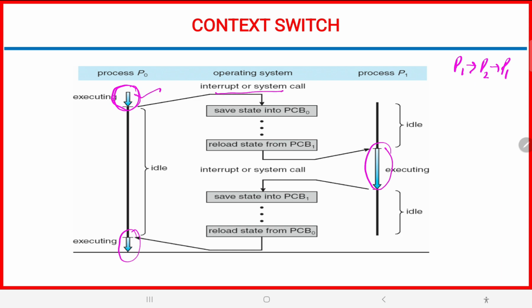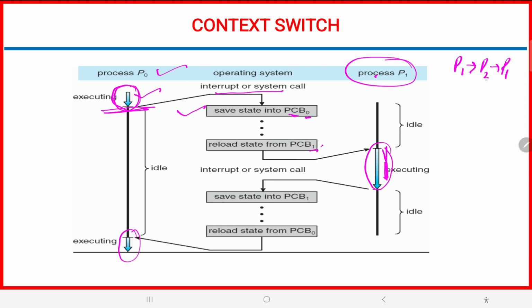Then an interrupt occurred, and the demand was to hand over the control of the CPU to process P1 now. So before that, I have told you we need to save the state of the currently active process, and that currently active process is which? It is P0. So we are saving the state of process P0. So this state is saved for process P0. Also, we are reloading the state of process P1. Now, once the state of process P1 is loaded, process P1 is executing.